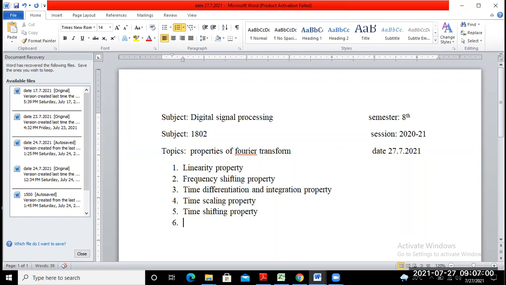Next one is the multiplication and convolution property.